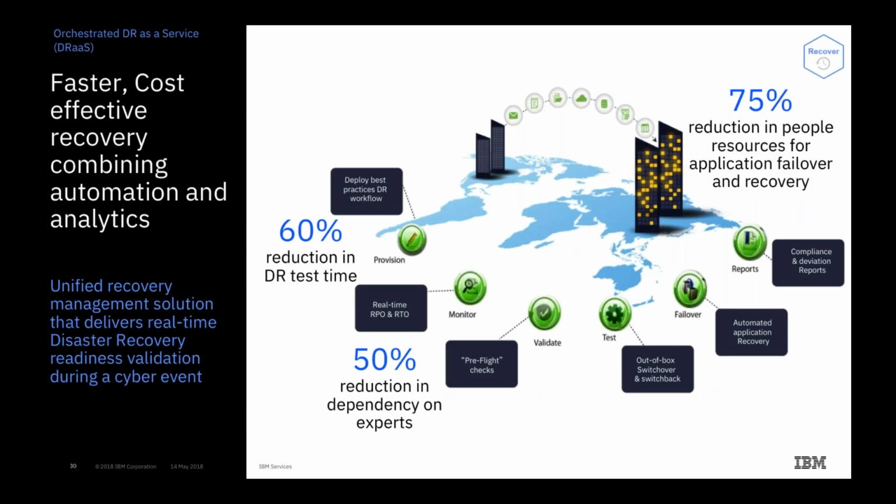And on recovery, an industry-leading disaster recovery solution that provides an automation and orchestration capability that can provide 60% reduction in your DR test times, 50% reduction in dependency on outside help, and a 75% reduction in the people resources needed to do a failover. Being able to get to a point where you can fail over from production to DR at the click of a button, completely and entirely automated, is doable. We have customers who are doing it, and it can really change the game in how quickly you can respond.